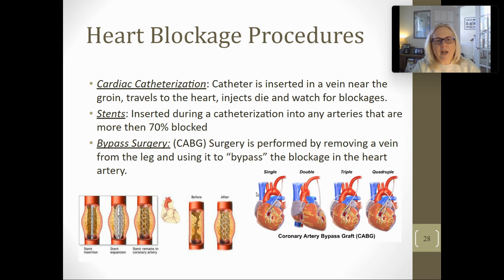Wherever the blockage is, say I have a blockage right here in my heart, my ring is my blockage, and the blood can't get through, but I need blood down here. So I'm going to take a vein out of the patient's leg, their own vein, and attach it above the blockage and then again below the blockage. It makes a little highway around the blockage, so now that part of the heart can actually get oxygen. My friend had 5 bypasses in one surgery.